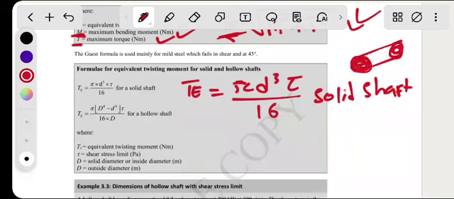Then TE for a hollow shaft is given by pi, and check, there is no 3 now, make no mistake.